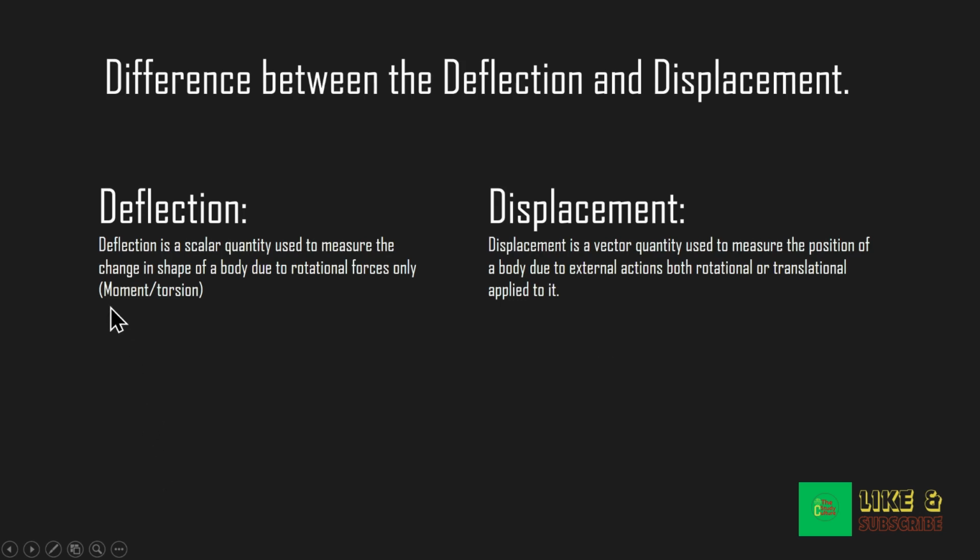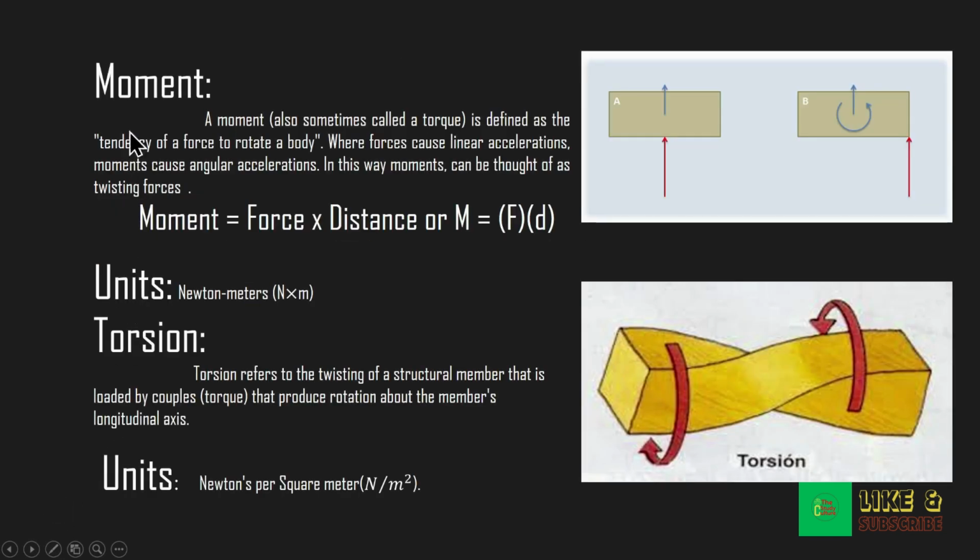Then what are moment and torsion? Here, a moment is also called a torque. What is torque? The force that tends to cause rotation. It is defined as the tendency of a force to rotate a body.